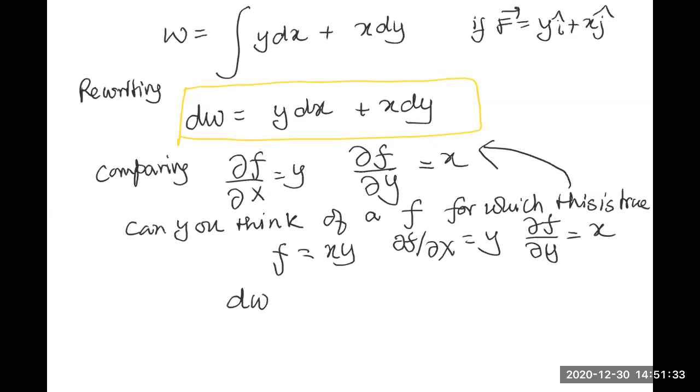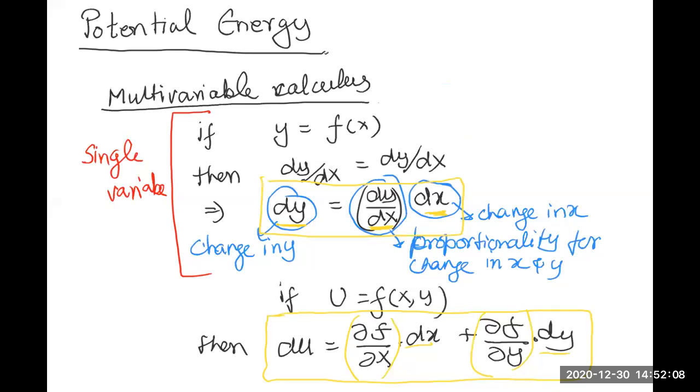So dw is equal to du. So here you will notice that du is equal to del f by del x into dx plus del f by del y into dy, right?